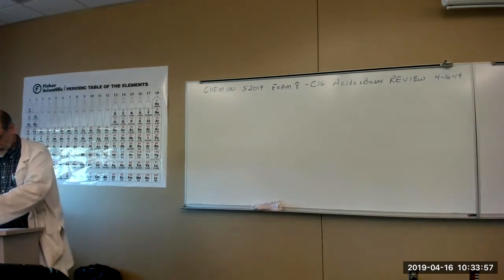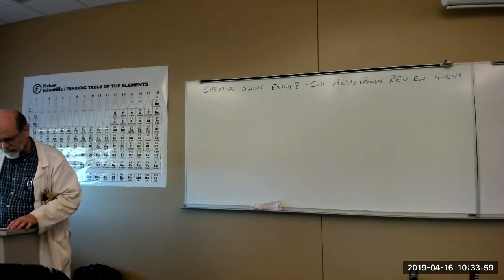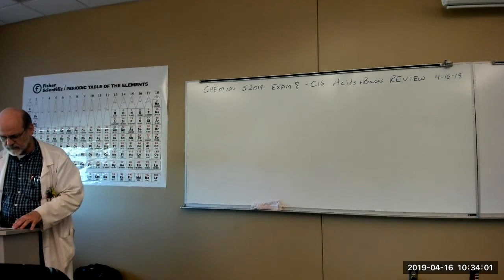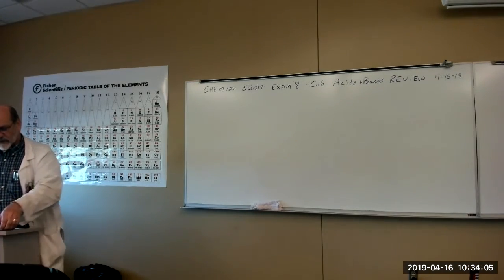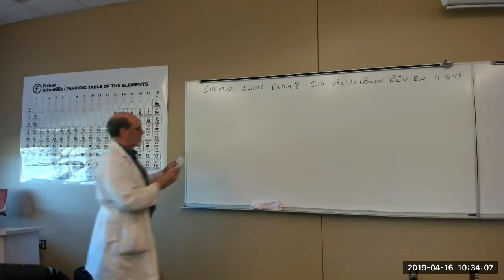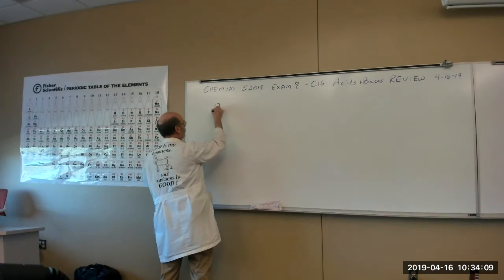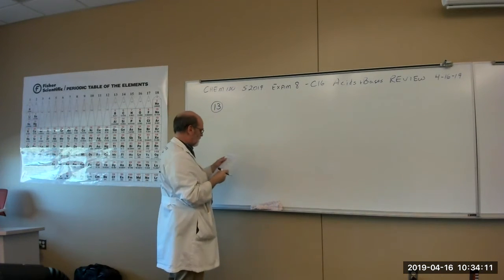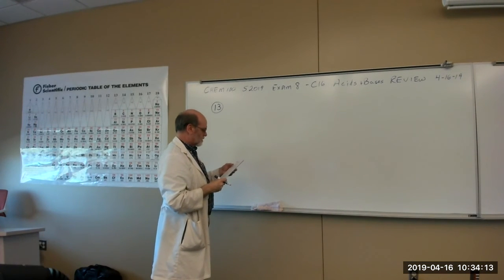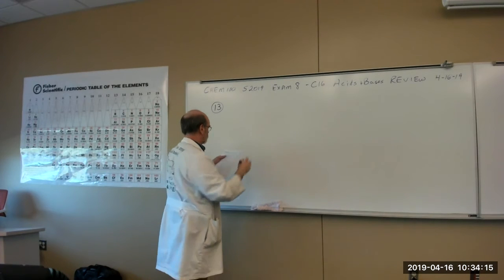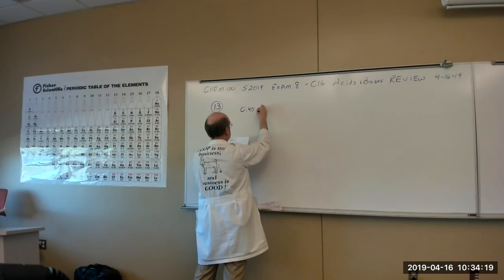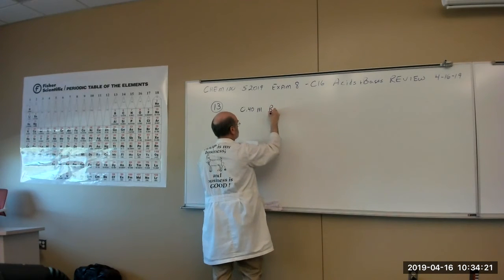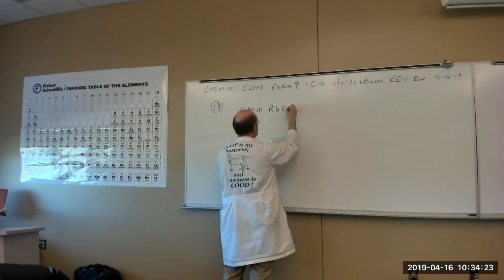Let's see if we can find some that's a little different. Oh, how about 13? Which has the higher hydrogen ion concentration? 0.4 molar rubidium hydroxide.